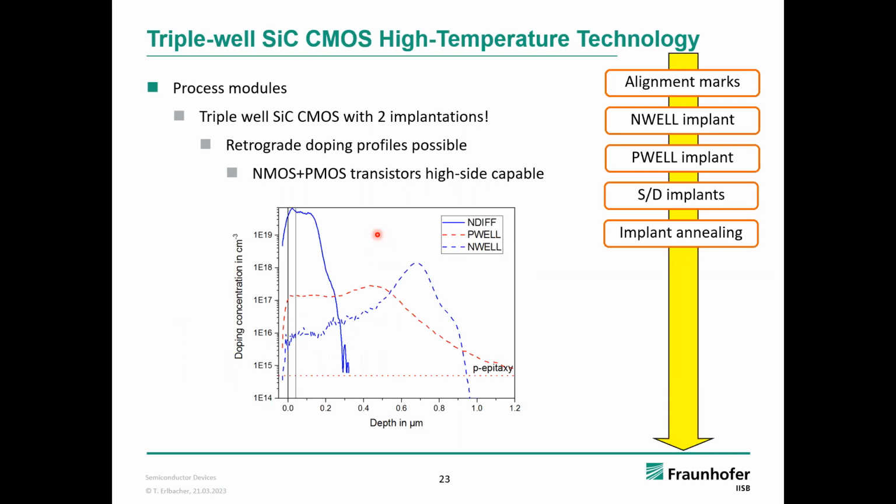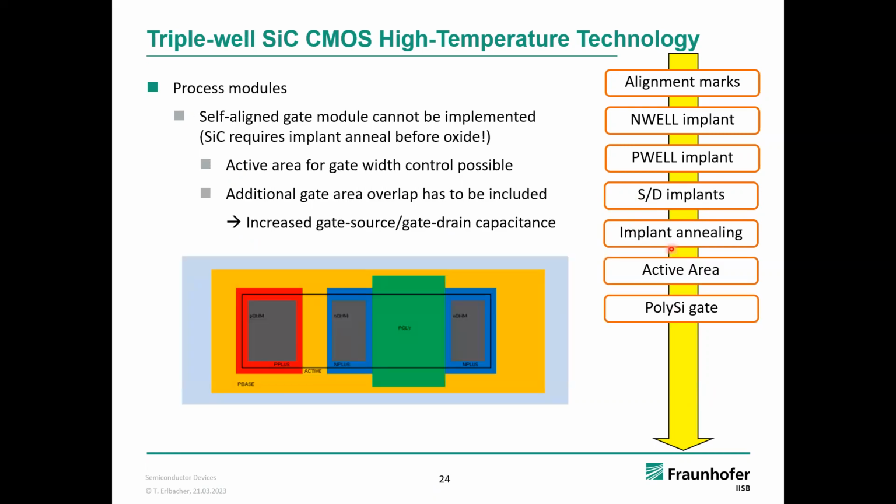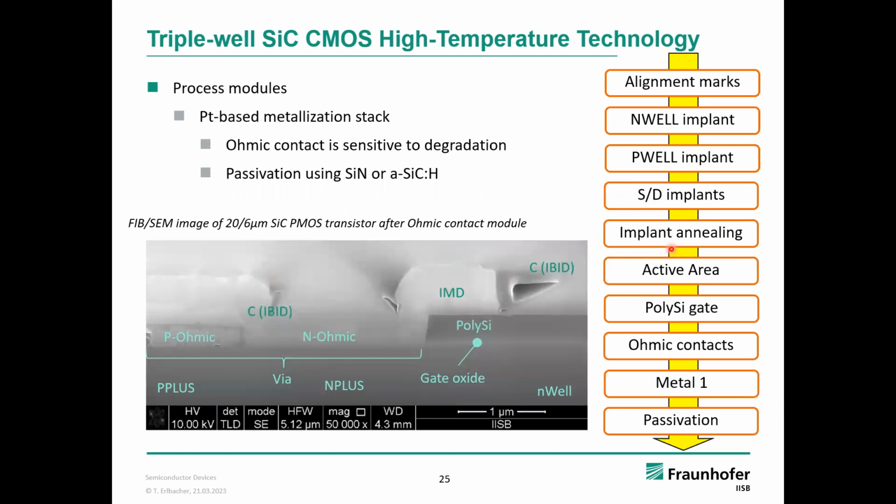And this makes it very interesting in silicon carbide: due to the lack of diffusion, if we manage to make suitable retrograde profiles by ion implantation, which we can, it is actually not very much effort to put in place a triple well CMOS technology with just 3 implantations. Then we have the implantation anneal, and subsequently the process goes along with active area, polysilicon, ohmic contact formation, and the high temperature metallization, which at the moment is platinum based.